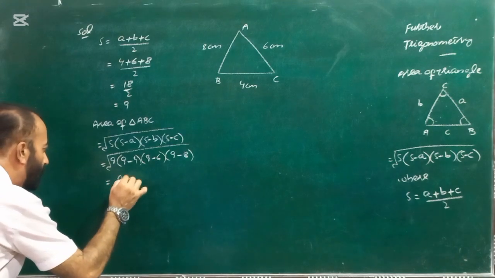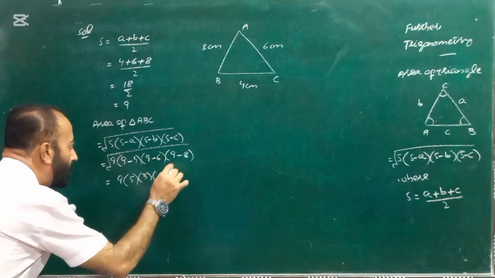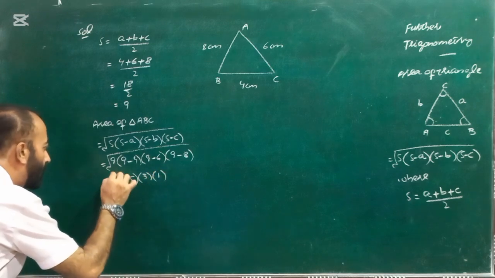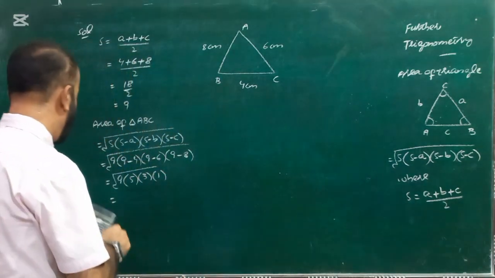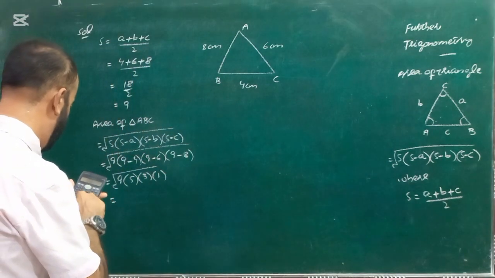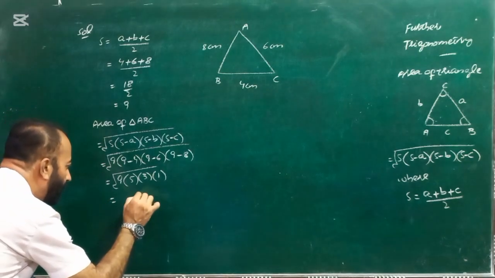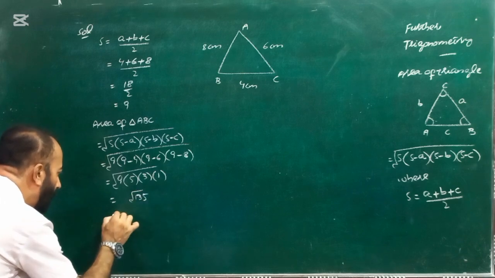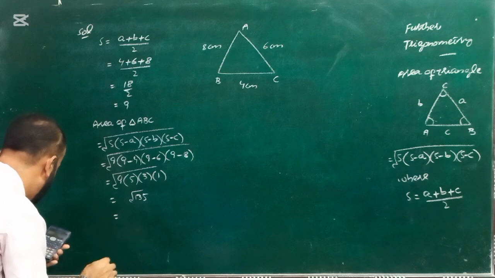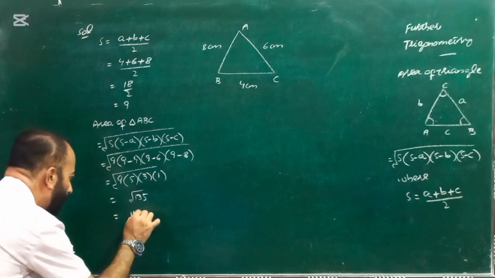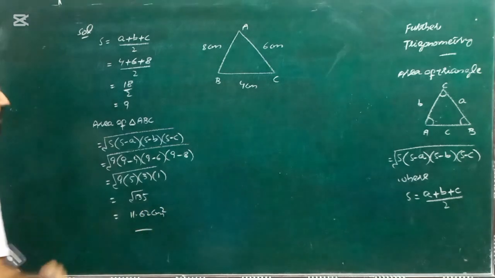So 9 into 5 into 3 into 1. So solve it on this calculator now. So 15 nines are 135 square root, and 135 square root is 11.62. Unit used is centimeter, so it is centimeter square. So this is the answer.